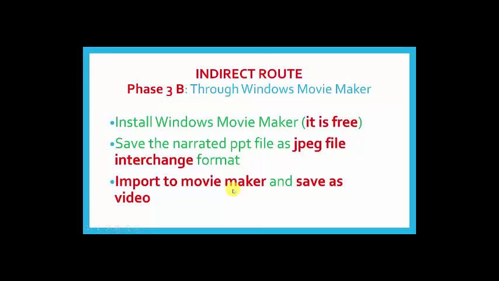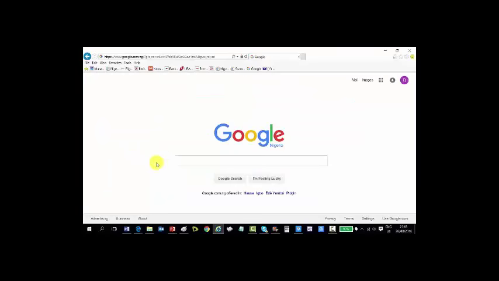Now let me give you a short demonstration of this three-step process. First, to install Movie Maker, and next, save as JPEG file interchange, and then import into Movie Maker and save as video. Let's walk through it very quickly. Yeah, so to install Movie Maker, you may be lucky if you have it installed already in your Windows 10.